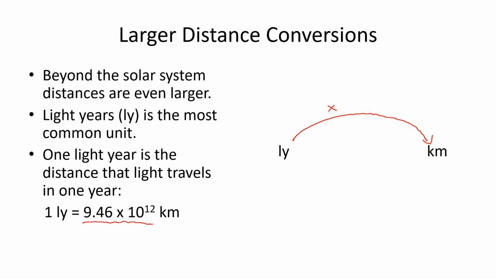We're going to multiply by the 9.46 times 10 to the 12th kilometers in every light year. And if we're going to have kilometers and change it to light years, which are much bigger units, we're going to divide by that same number, 9.46 times 10 to the 12th kilometers for a light year.